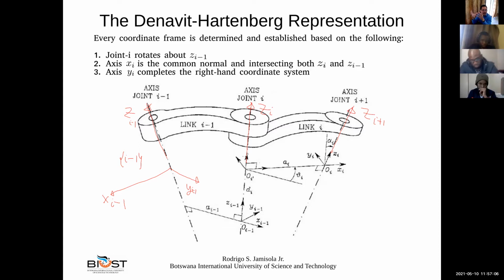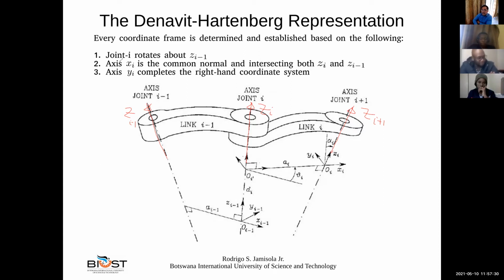It is frame i that we are trying to build when we are doing this convention. For now, just remember that frame i-1 is defined.